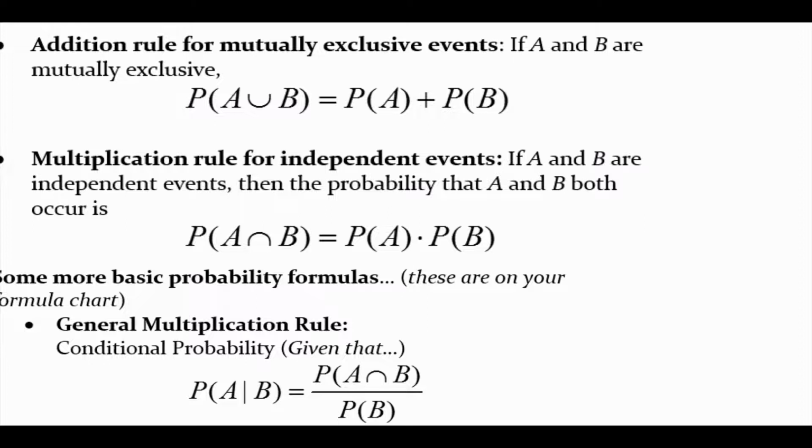So what I mean is, let's say the probability of you guys having English class during first period, and the probability of you guys having history class the first period, right? You can only be in one place at the same time, right?